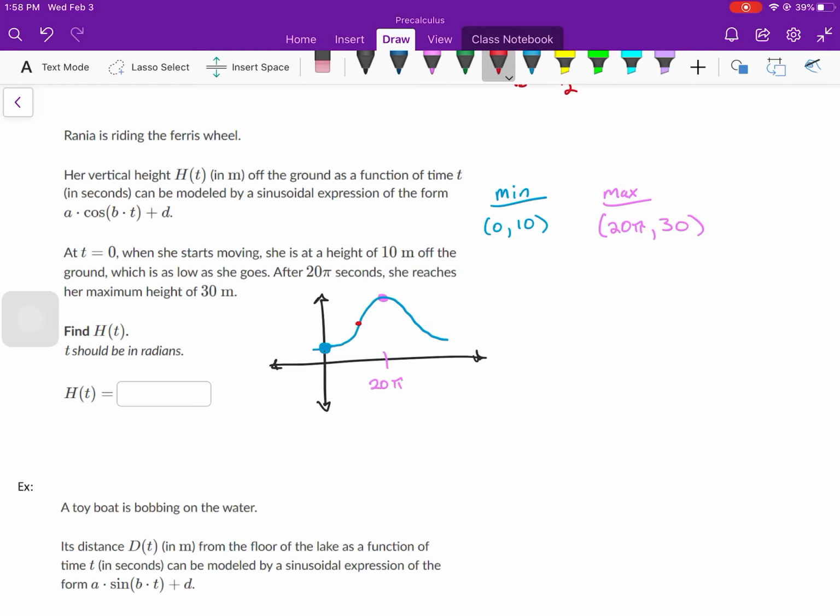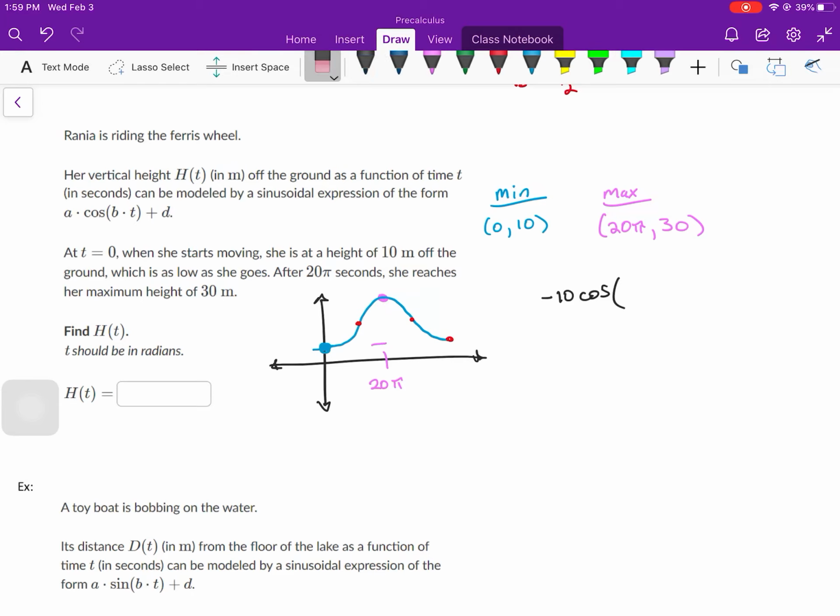Remember, we're drawing these, there's the quarter, that's halfway. So just real quick, it's negative because we're starting on the minimum. And then the distance from 10 to 30, that total distance is 20, right? That's the total distance is 20. So we want half of that for our amplitude.